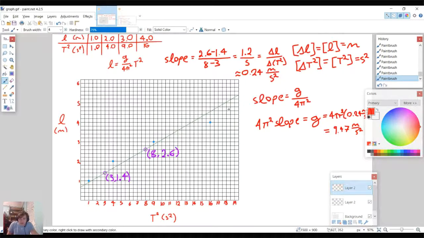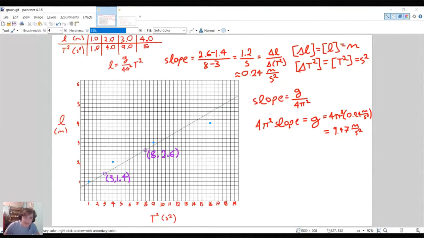So that's a pretty good value because I just pulled that data out. Which makes sense because g over 4 pi squared is about a fourth of a meter per second squared. Just by convention, there's that whole joke that g is pi squared. It's kind of a bad joke, to be honest, but in that case, the slope is 1/4, which is about 0.24. So it makes sense.